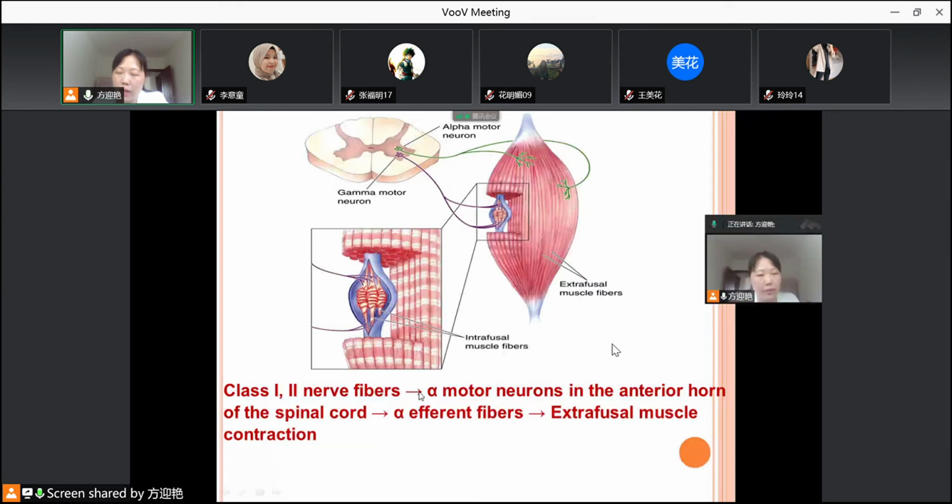We have known that the final common path is the alpha motor neuron.